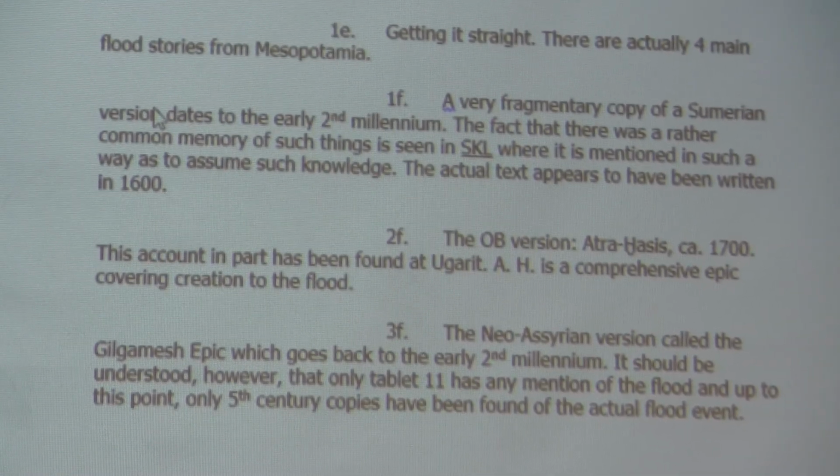The Gilgamesh epic is a long narrative, one of the longest narratives of antiquity, that really is about the creation and about primarily the hero of that account, which is Gilgamesh. So while we talk about the Gilgamesh epic, only one of its tablets has to do with the flood, and we can talk about that later.